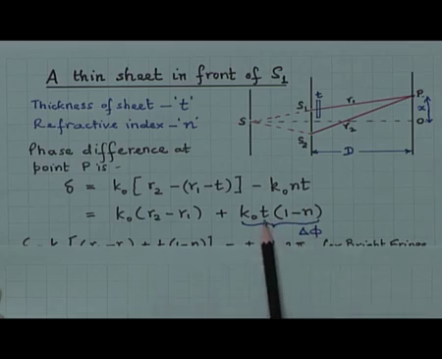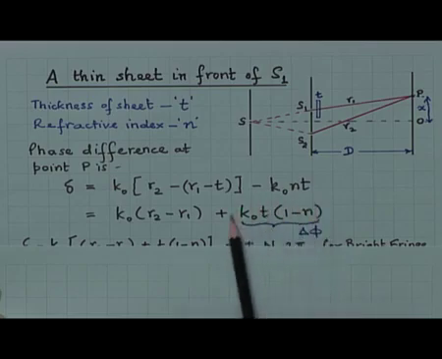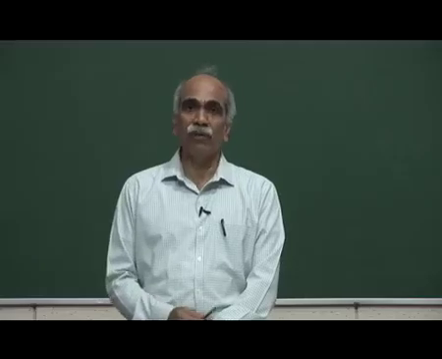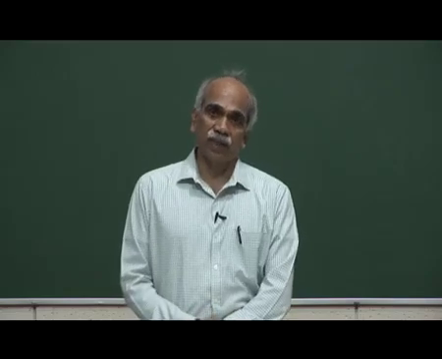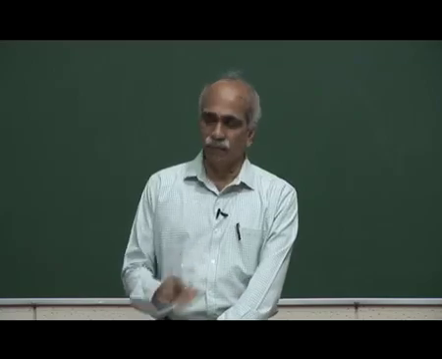T is a constant for the given film, the refractive index is a constant and k0 is constant for a given source, and therefore, this is like an additional constant phase difference. And immediately we expect that the fringes should shift if a constant phase difference is introduced. So, let us see what is the shift in this fringe.